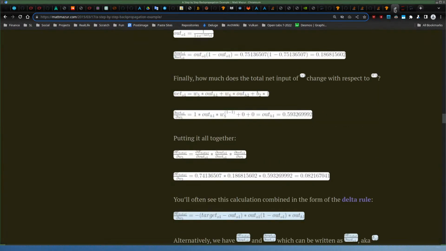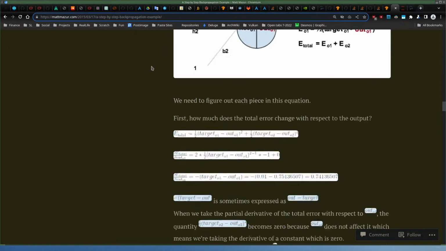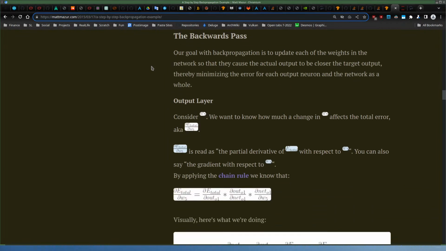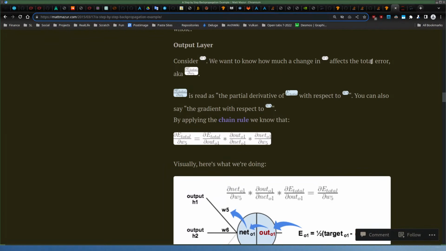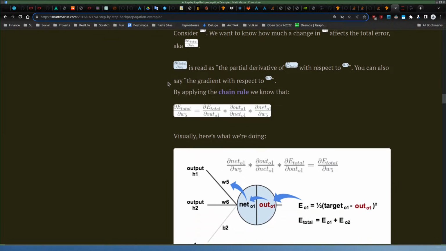Web page. So backwards pass. We're just looking at a single weight, and then we want to know what is the partial derivative of the loss function relative to that one weight, which is then also separated into, with the chain rule, 3 parts which are calculated.